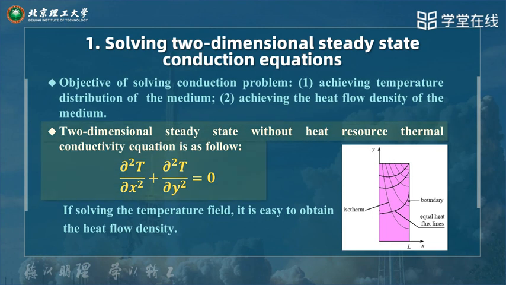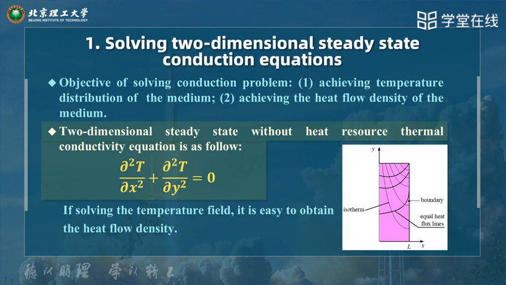The two-dimensional steady-state thermal conductivity equation without a heat source is like this, only two terms: partial squared t over partial x squared plus partial squared t over partial y squared equals 0.